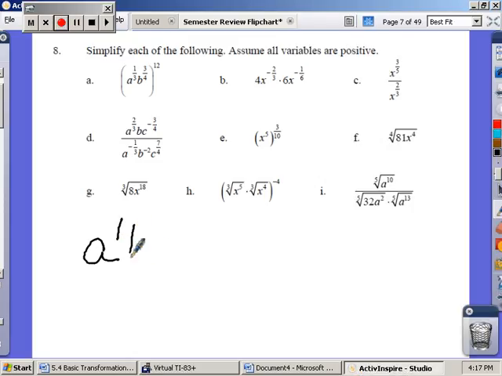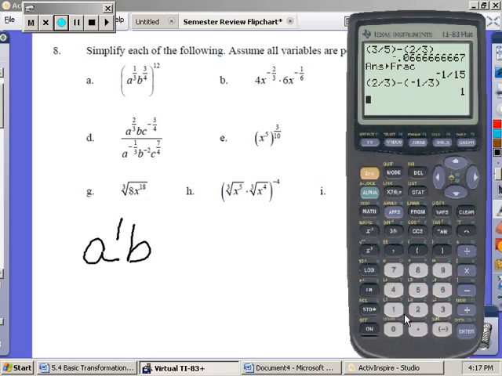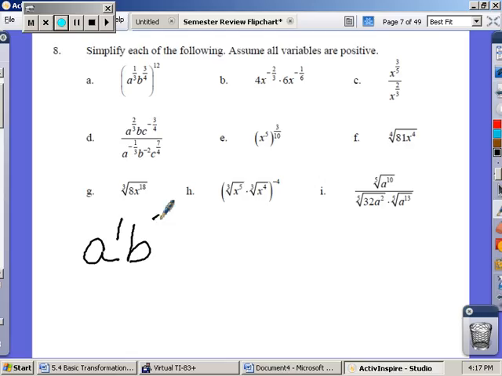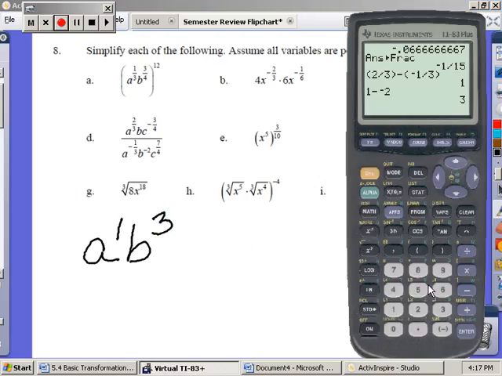I'm going to subtract 1 minus a negative 2 for the exponent on B, and I get 3. Next, my exponents on C, parentheses, negative 3 divided by 4, parentheses, minus parentheses, 7 divided by 4, parentheses.